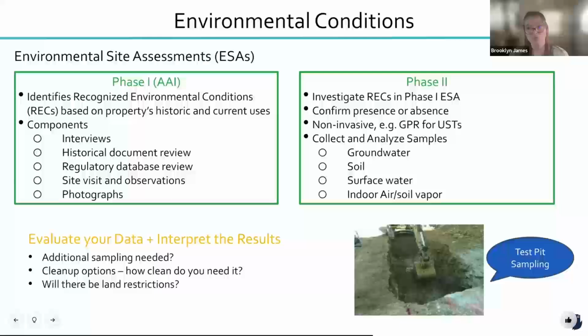So once the phase 1 is complete, if you do identify any RECs, then the next step is to move on to the phase 2 environmental site assessment, where the actual sampling for contamination will occur. This is typically done by a qualified engineering professional or a contractor that you might bring onto your team.